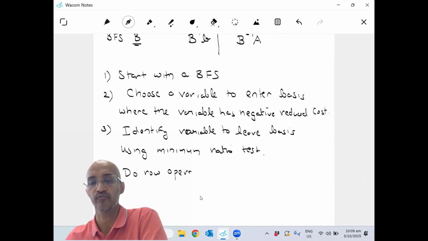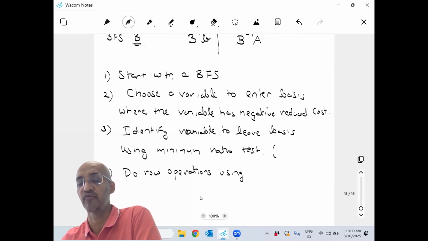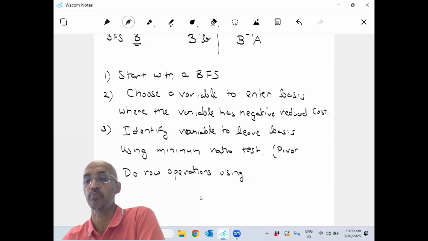Do row operations using the pivot row. The variable that leaves forms what's called the pivot row.